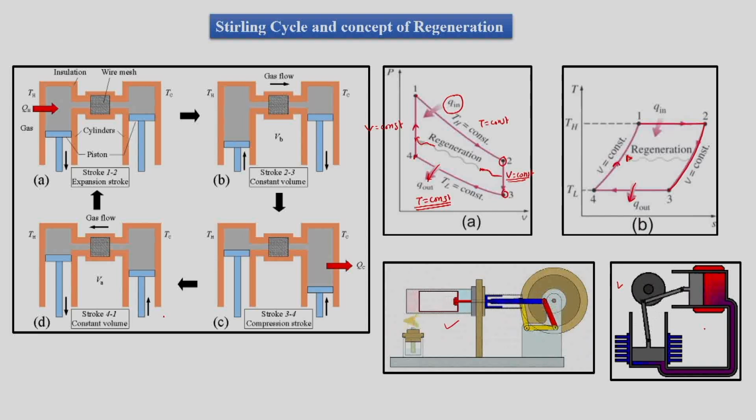So consider the case which is process 1 to 2, which we are calling constant temperature heat addition. So in this case, the process of heat addition would take place, and in the process of heat addition we know that due to addition of heat temperature will increase, but we want temperature to be constant.